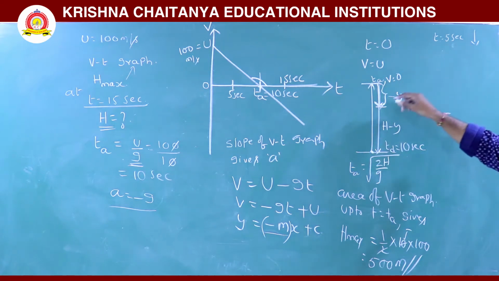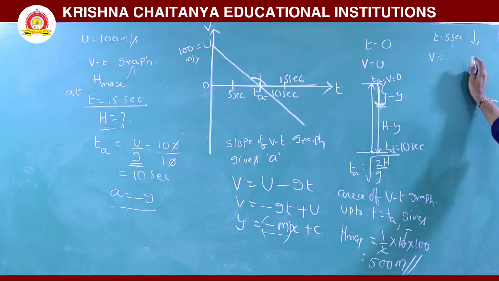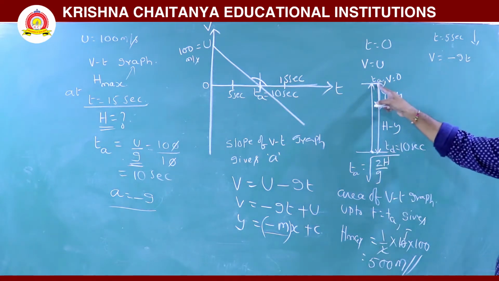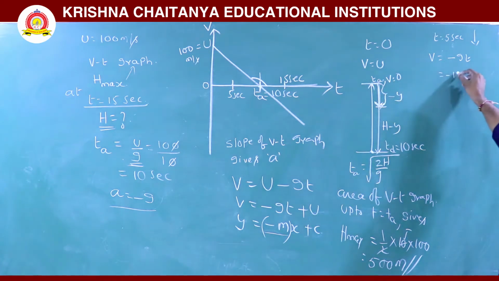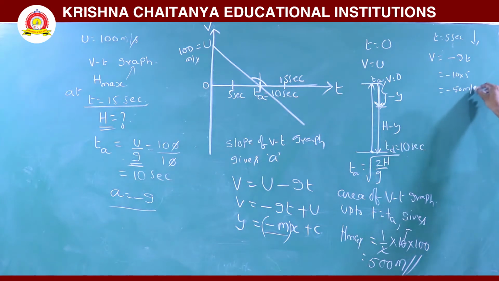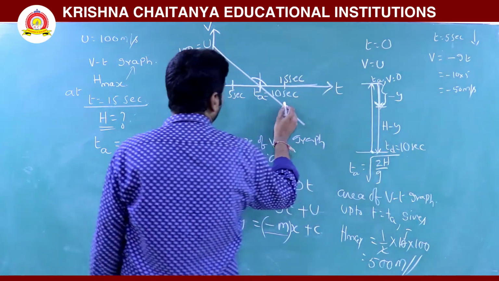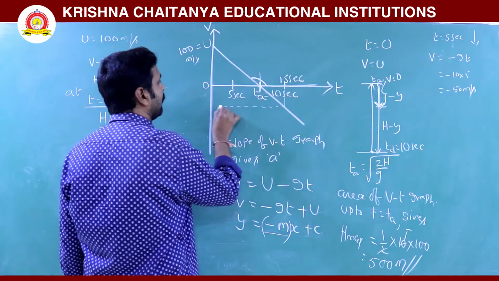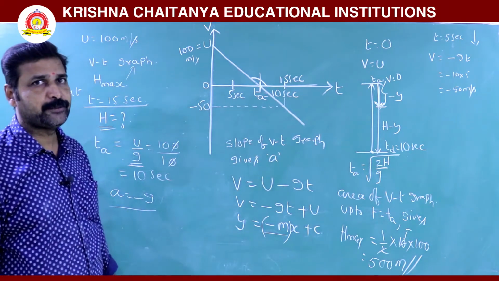Now the velocity at that instant in the downward direction, v is equal to minus gt, since when it is coming down, initial velocity is 0. So minus 10 into 5, minus 50 meters per second. So here velocity is minus 50.